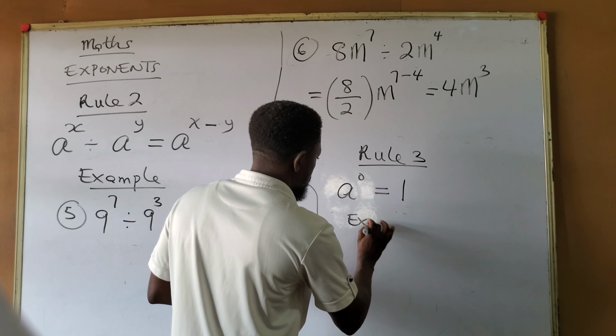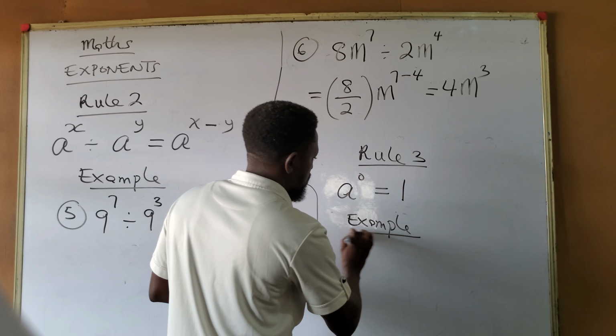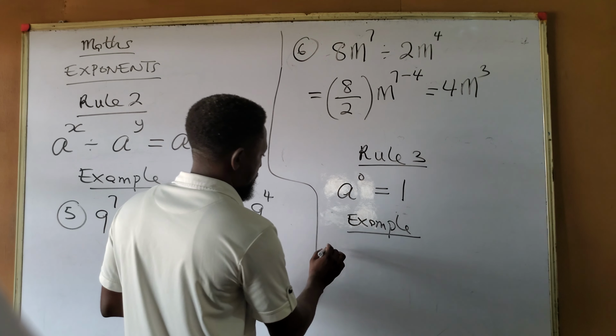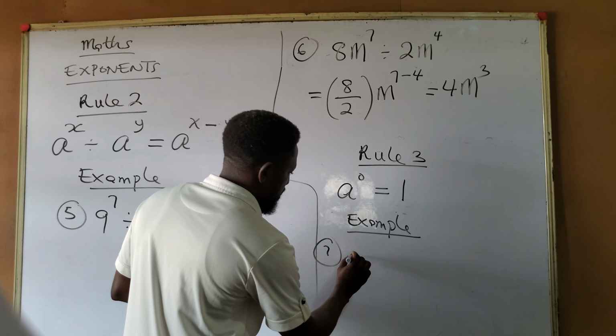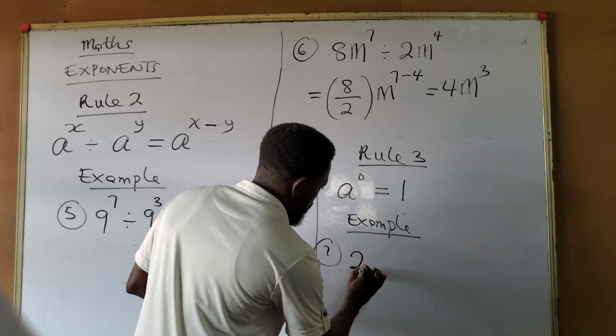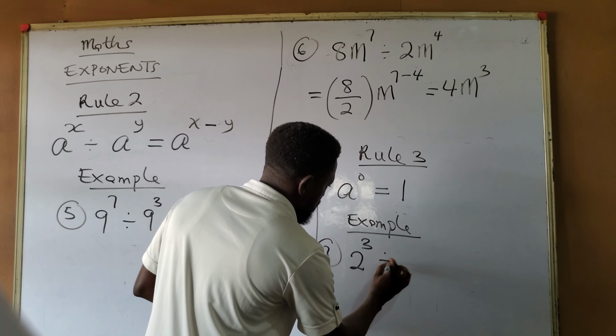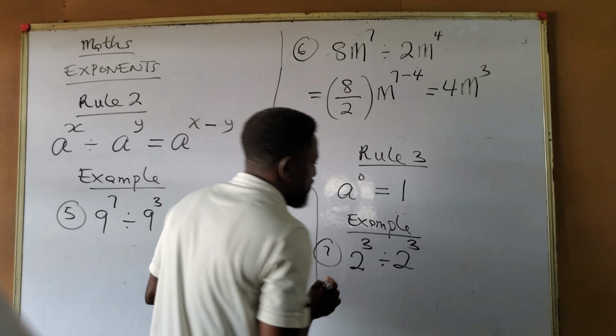Example, let's say you have 2 raised to the power 3 divided by 2 raised to the power 3.